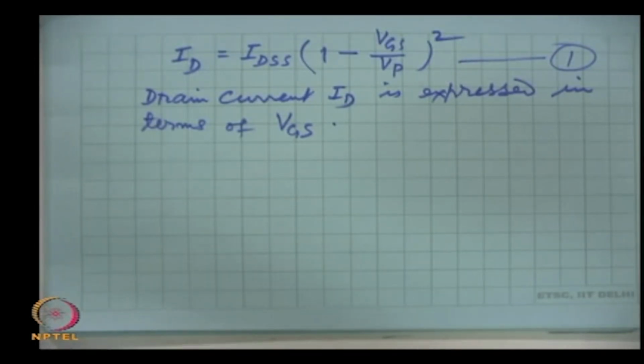Now, a very important thing: when a junction field effect transistor is to be used as an amplifying device to amplify signals, then the JFET is operated in the saturation region.